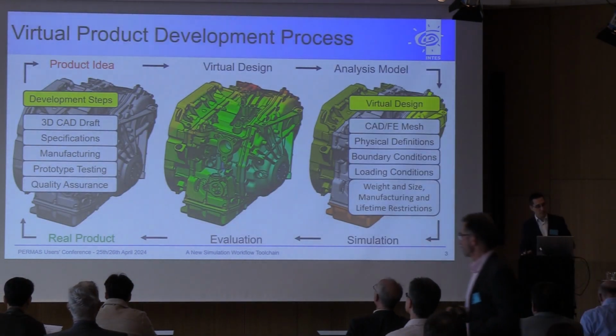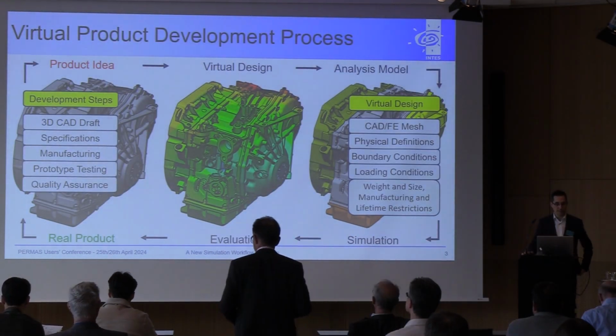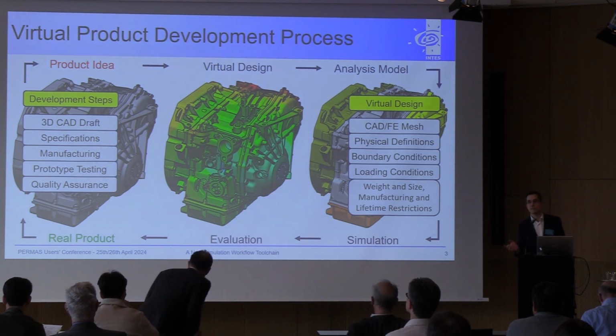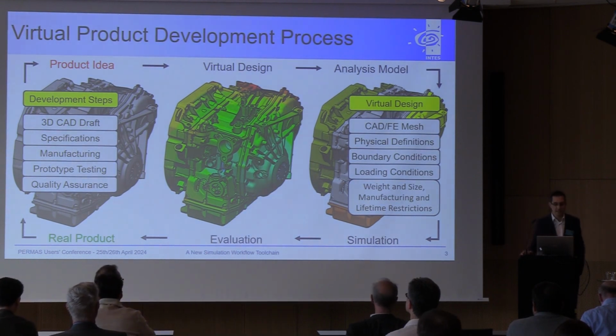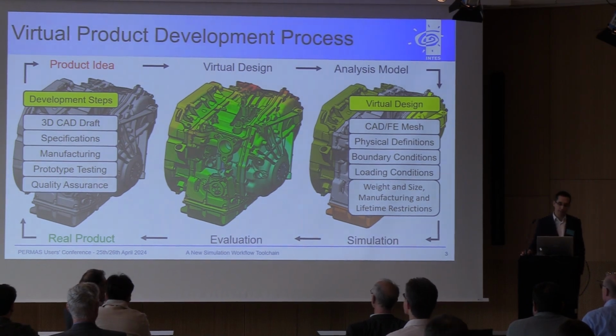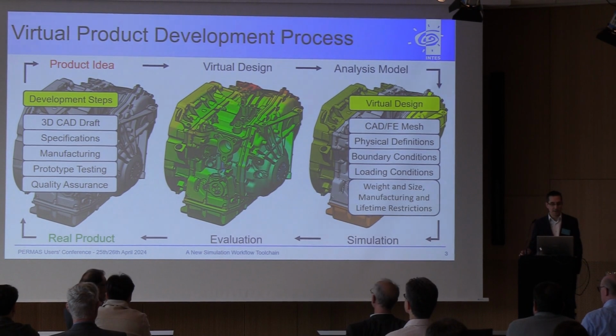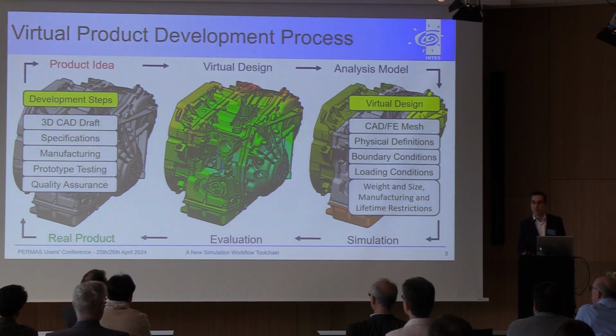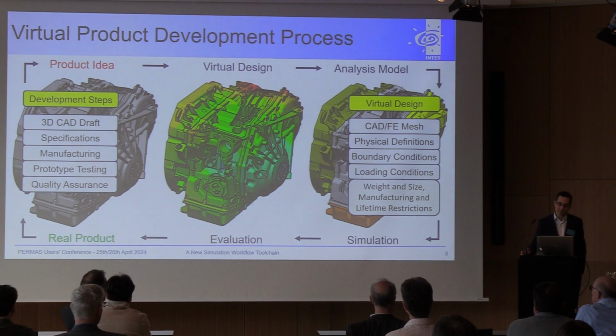So starting with the virtual product development, of course, first of all, there has to be a product idea, which you can see on the upper bound here. Then a virtual design is created, and an analysis model is developed before we can start on the bottom with a simulation and also a result evaluation.